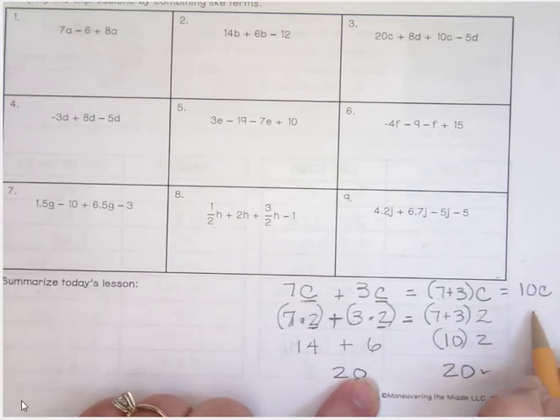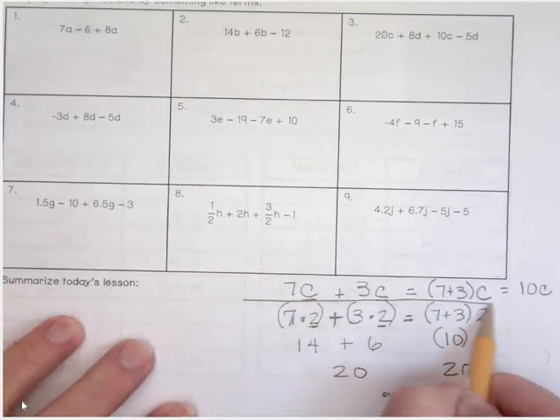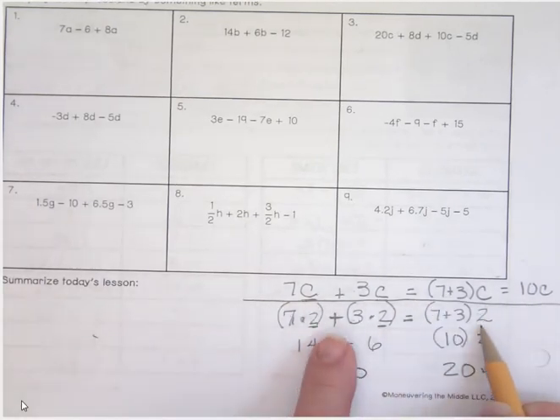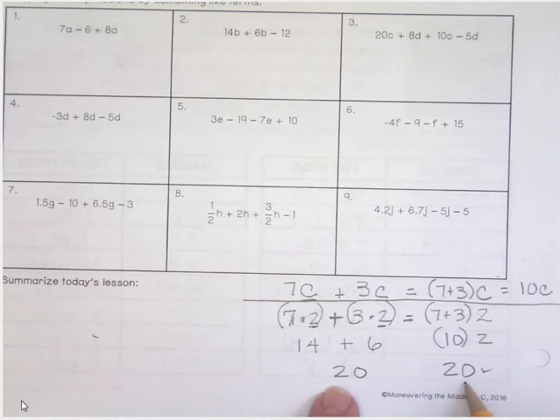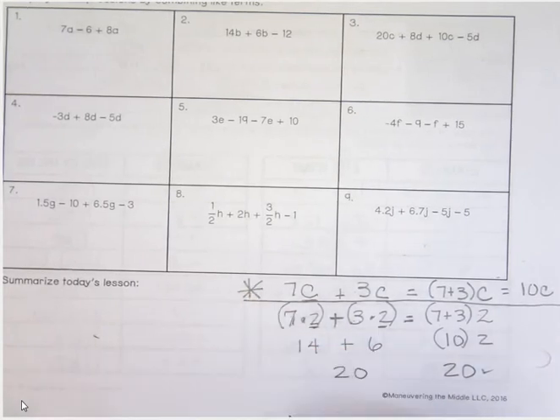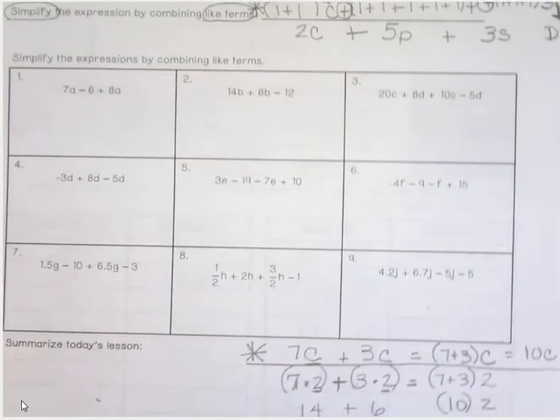I can't multiply because I don't know what c is. Here I was able to simplify to a constant because I knew all my numerical values. So that's what we're working on, this process right here. We're going to use that in our examples.